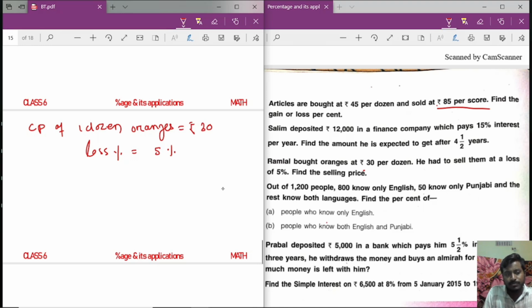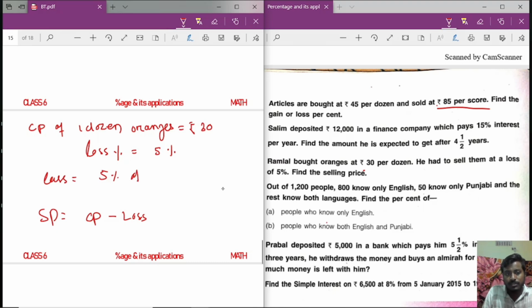First we need the loss, because the selling price formula is CP minus loss. Now find the loss. Loss equals 5% of CP, because loss and profit are always calculated on CP.